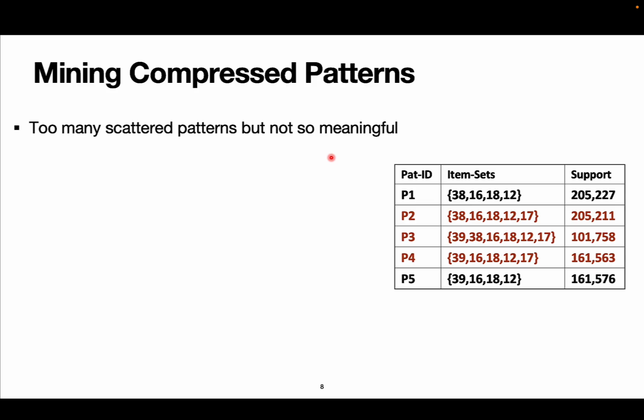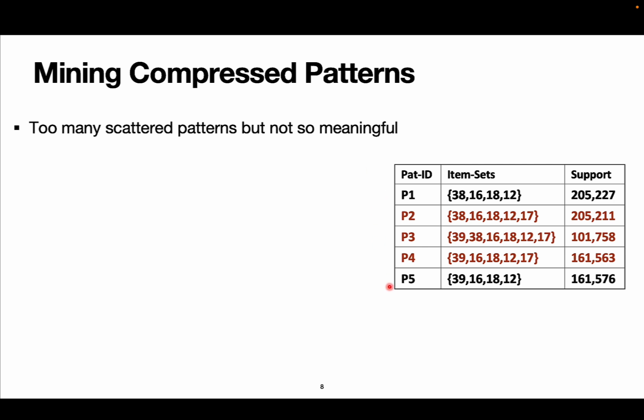Businesses are for sure interested in finding out what patterns can be discovered. But the key issue is there will be a large number of patterns with high support to be mined, and we need to know how to report these patterns.